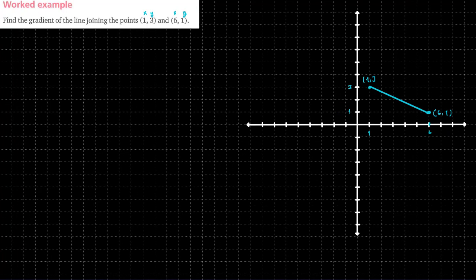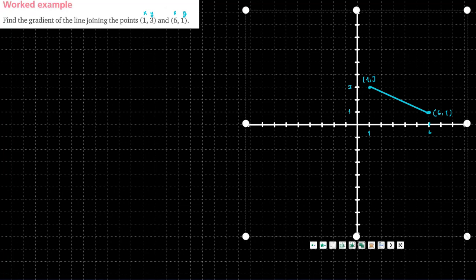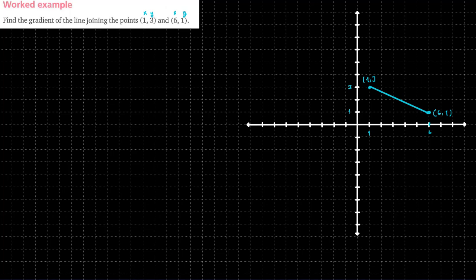The vertical distance is from this point to this point, and that represents 2 units. And the horizontal distance is 5 units.